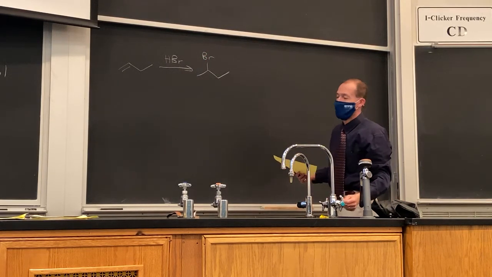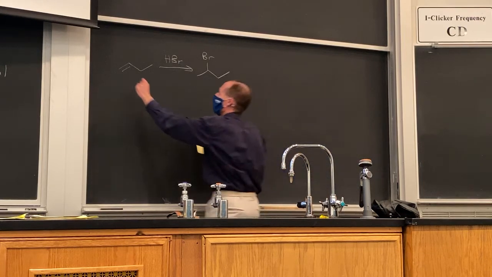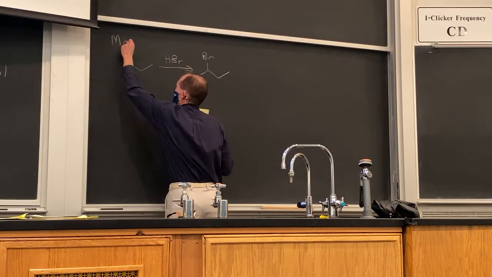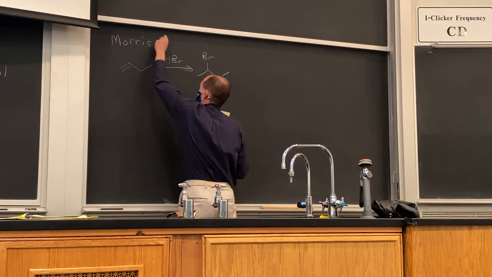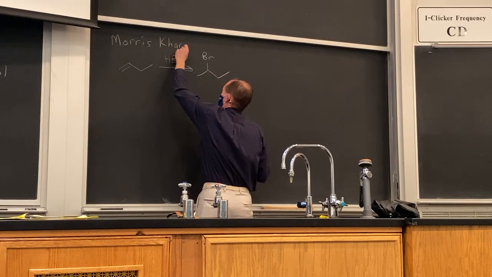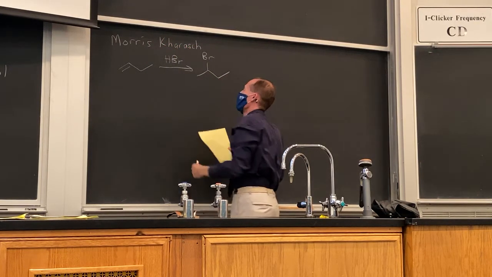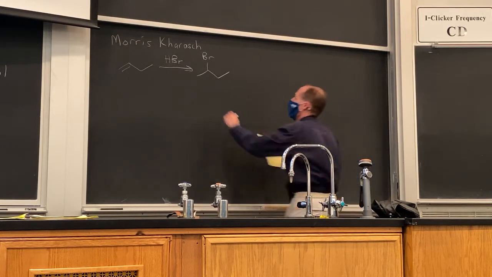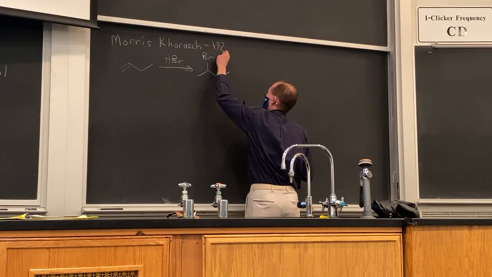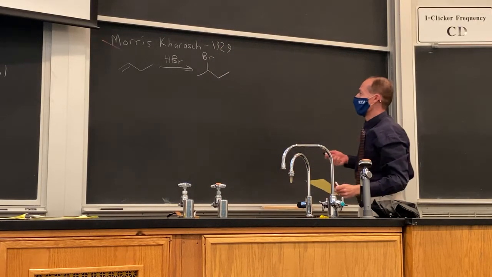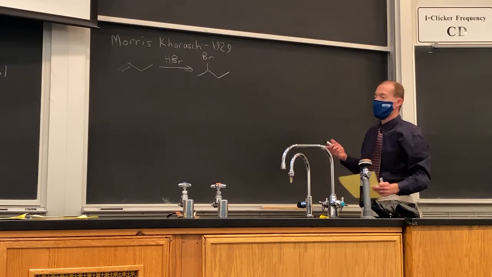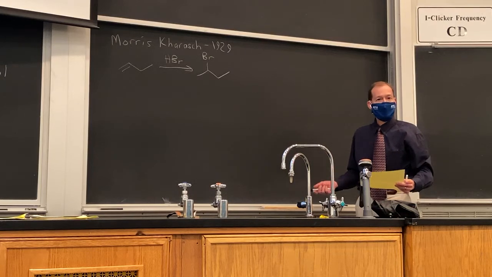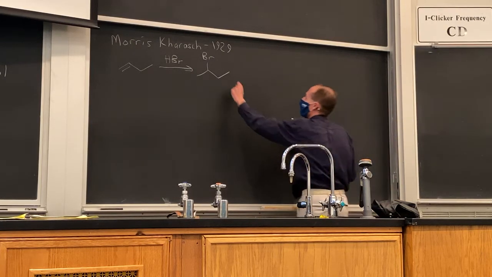But in 1929, there was a chemist named Morris Kharasch. He was a Ukrainian immigrant who was working at the University of Chicago. He was studying this reaction, and he found that it didn't always give the more substituted alkyl halide.